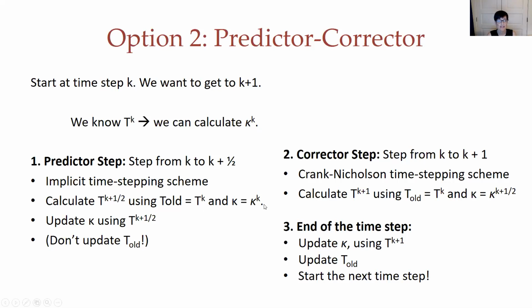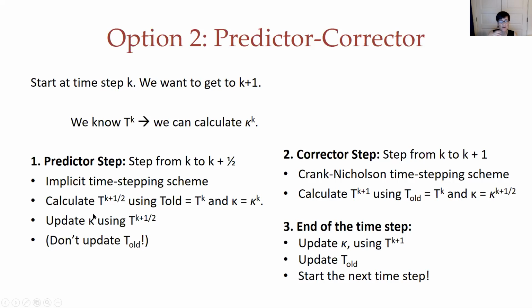Okay, next, you update your thermal conductivity using the temperatures from time step k+1/2, right? So we start at time step k, we step forward half a step, and we calculate temperature only so that we can update the thermal conductivity.